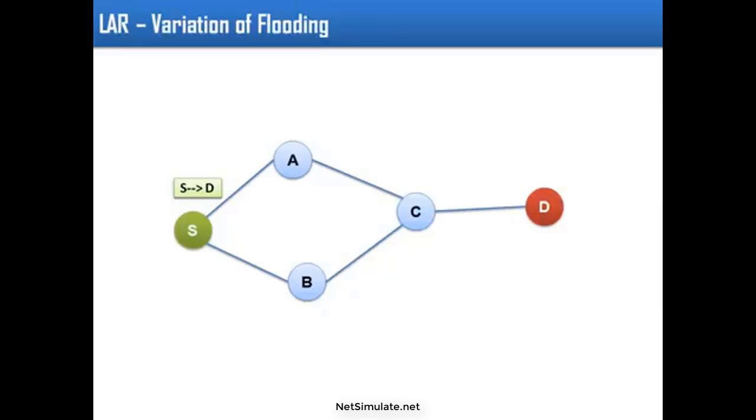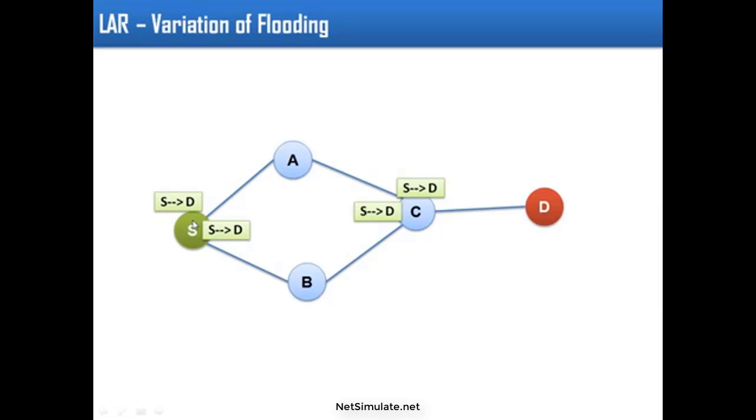For example, say S wants to send something to D. S will broadcast this message to its neighbors, and S has two neighbors, A and B. Now A has neighbors S and C, and B also has neighbors S and C. So these two again broadcast these messages to their neighbors. Here, if you can see, this node is receiving a request packet which was already sent by this node.